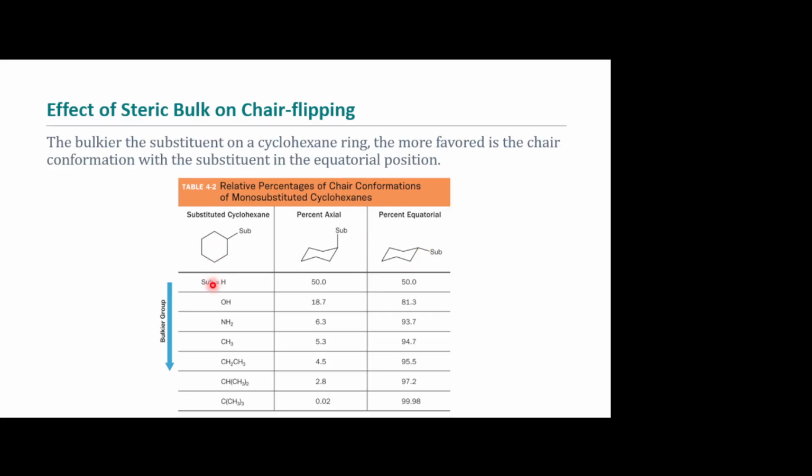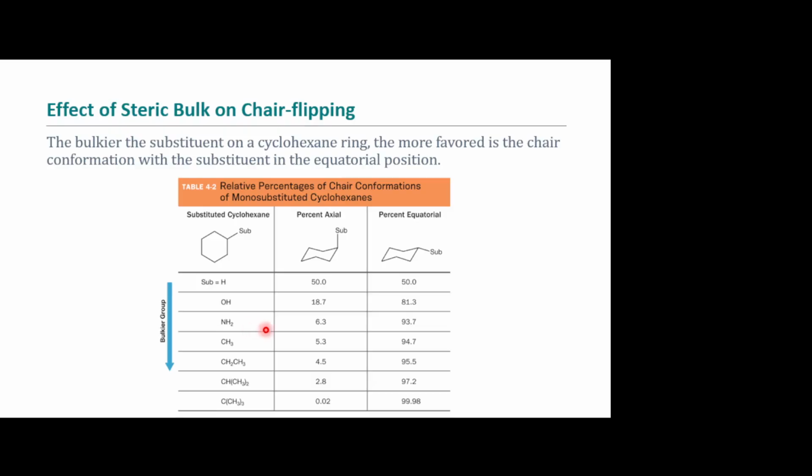Okay, so if we just have hydrogen here, we get 50-50. They're equal energy. Neither one is more energetically favored. Okay, when we get an OH, you can see it all of a sudden goes up to 81% ends up in the equatorial position, and about 18.7% ends up in the axial position at room temperature. And so already we're seeing a very large difference, right?